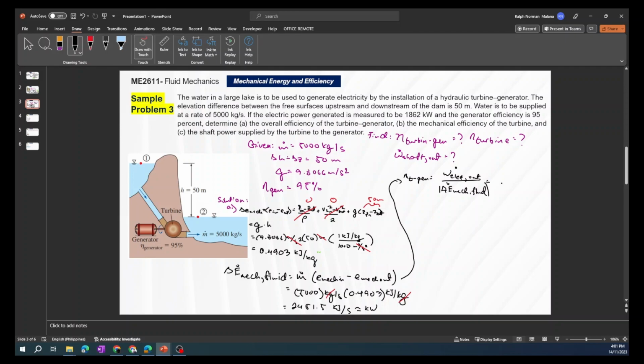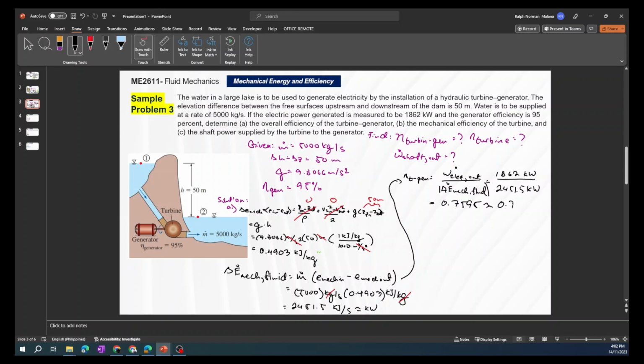So that's equal to 1,862 kilowatts divided by 2451.5 kilowatts, and this will give you about 0.7595, or roughly 76%.